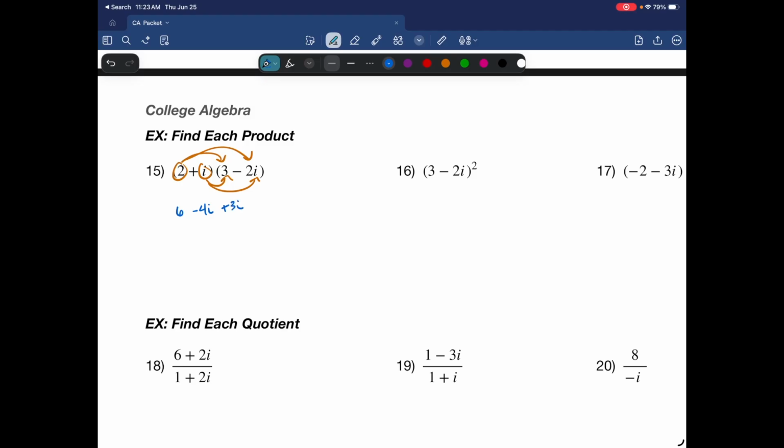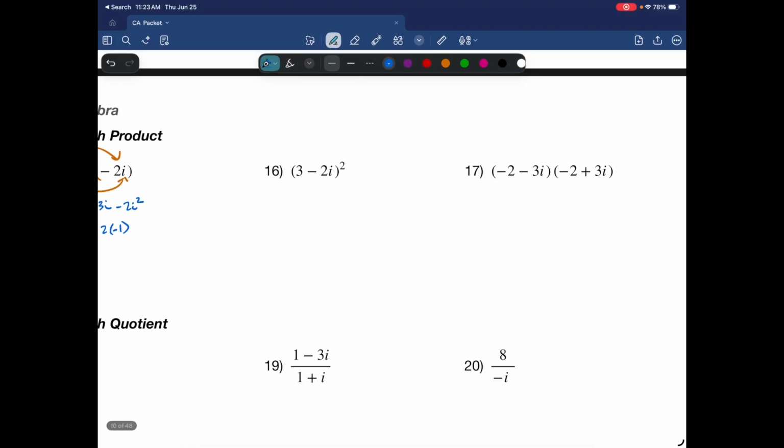And then i times negative 2i is negative 2i squared. Okay, well, a couple things. Let's combine our like terms. So it's going to be 6 minus i, and then minus 2 times negative 1, because i squared is negative 1. So that's plus 2. So 6 plus 2 is 8. So you got 8 minus i. 8 minus i is your answer.